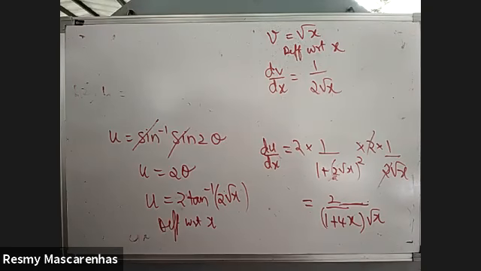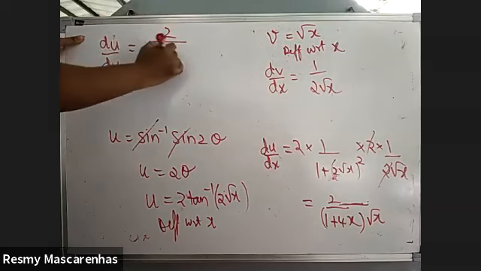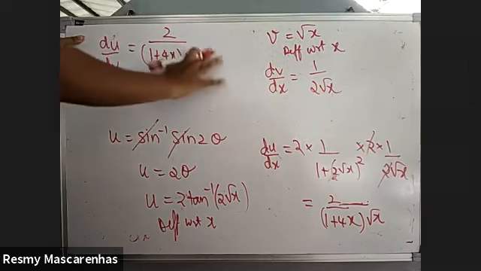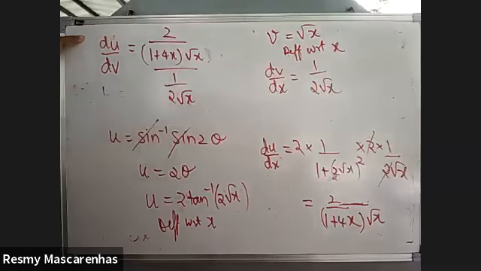1 upon 1 plus 4x. 1 upon 1 you got. How 2 and 2 got cancelled later. du upon dv will be nothing but 2 upon 1 plus 4x, and this will be 1 upon 2 root x.